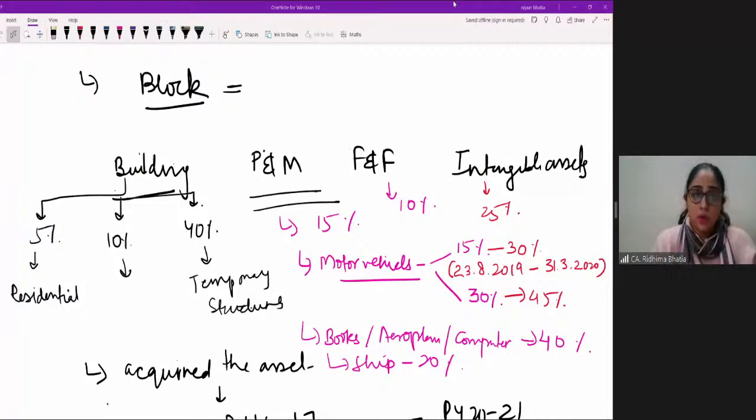He will not get the installments benefit then. But otherwise, the lessor will claim the depreciation, and the lessee will claim the lease rentals paid during the year. Both things will not be claimed. Good.